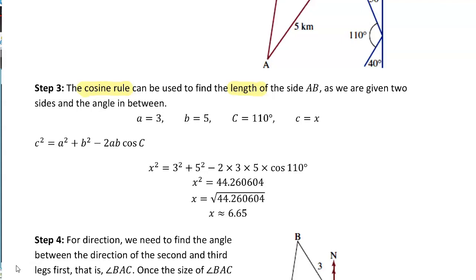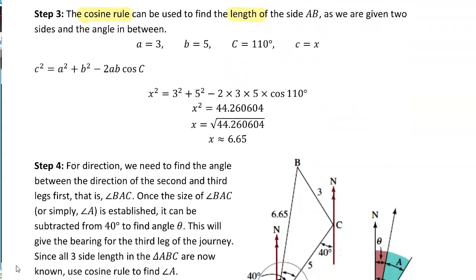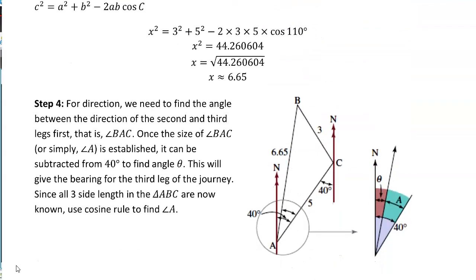So I've substituted it all in there. There's my cosine rule, substituted in to get to 6.65 kilometers, that length. Okay, so we know part of our answer. Now, we've got to figure out the direction, that true bearing. We need to find the angle between the direction of the second and third legs first.